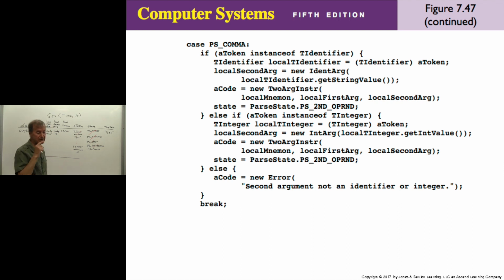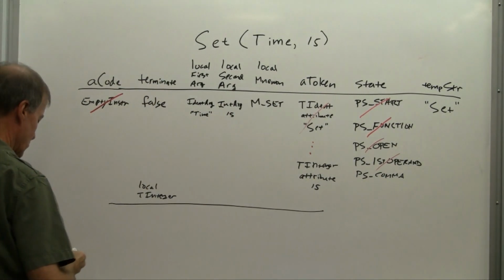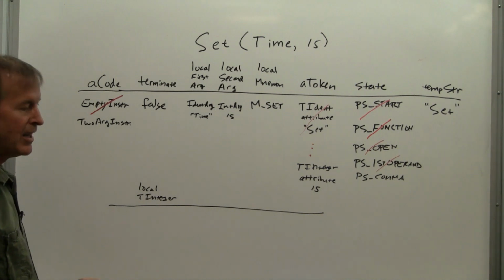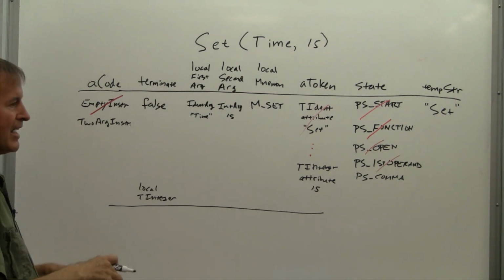Now, you guys, here comes the key concept. This line right here, a code gets new what? 2arg instruction. So now what are we creating? Now instead of this being the empty, what's it replaced by? A 2arg instruction. And what is being put inside that for its attributes?